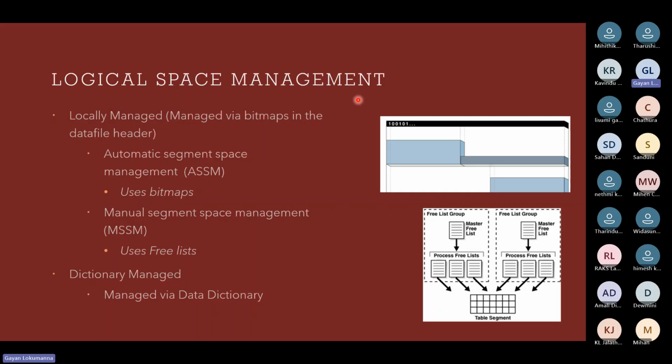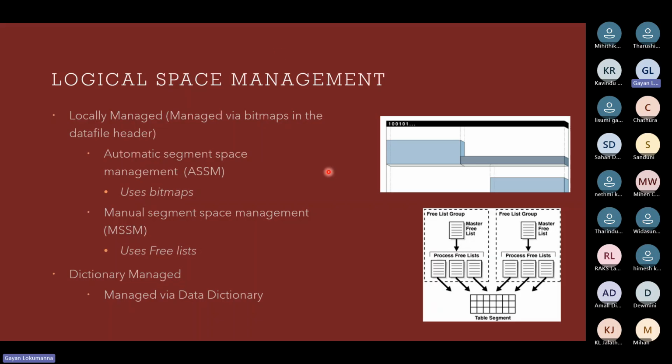And the data file that I'm talking about cannot be shared across multiple table spaces. If you create a table space, it will have at least one data file, and that file cannot be shared amongst multiple table spaces. A data file will be only part of a single table space.